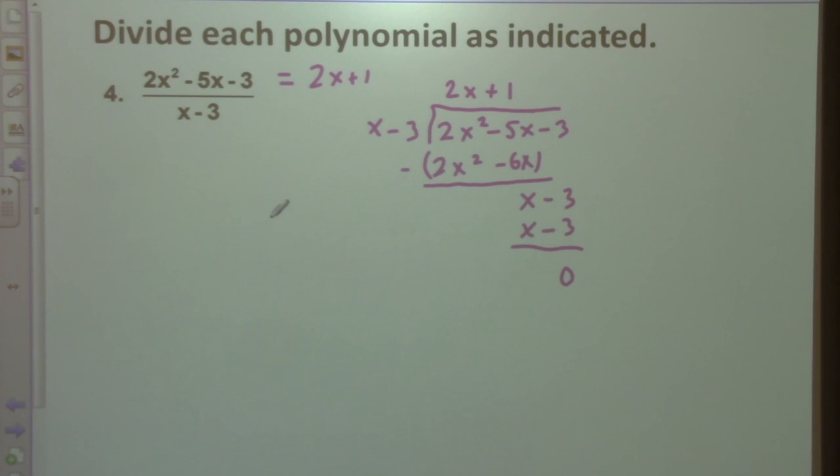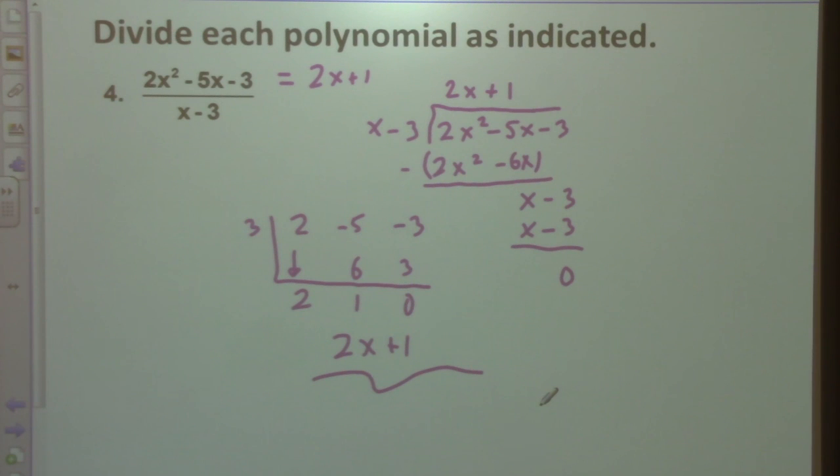And in synthetic division, you would do it this way. You put 2, -5, -3, and 3 goes out here. So we're going to have 2, 6, 1, 3, 0. So we're still going to get 2x plus 1. Okay, did you remember any of that last year?